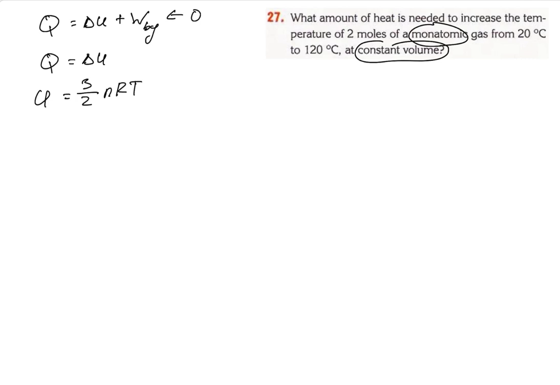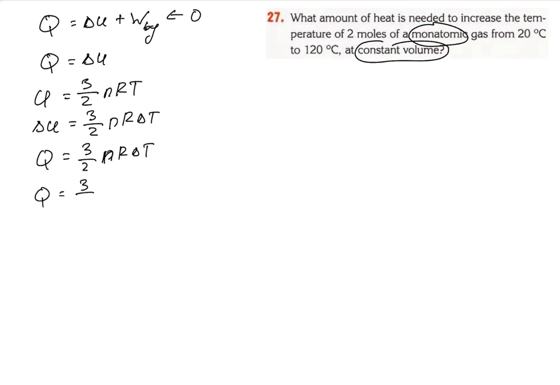So for delta U it's going to be 3/2 nR delta T. So Q, the heat given to the system, is equal to 3/2 nR delta T.